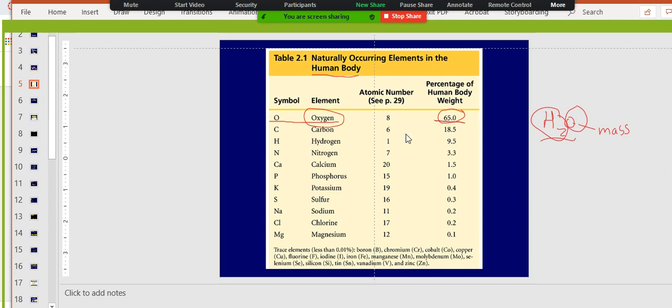So I might ask you on the test, what's the most abundant element in the human body by weight or by mass? And what would you tell me? If you want to get it right, you'll say oxygen. So remember we said oxygen, carbon, hydrogen, nitrogen. Those are the 4 big ones. So make sure you know those too.